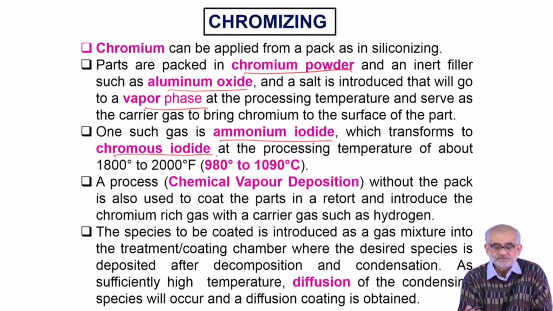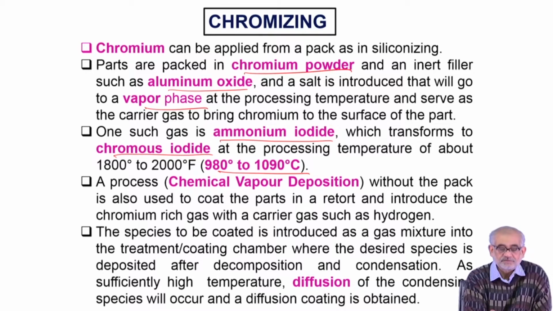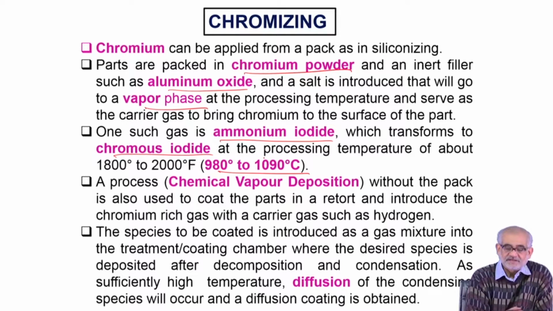It comes in contact with the solid metal, reacts at typically about this temperature, and then liberates chromium from chromium iodide. So iodine comes back into the atmosphere, again reacts with chromium, forms chromous iodide, and so on. So this is how the process continues, and it's a batch process. So beyond a certain period of time, you need to recharge ammonium iodide so that the remaining part of chromium can be utilized.